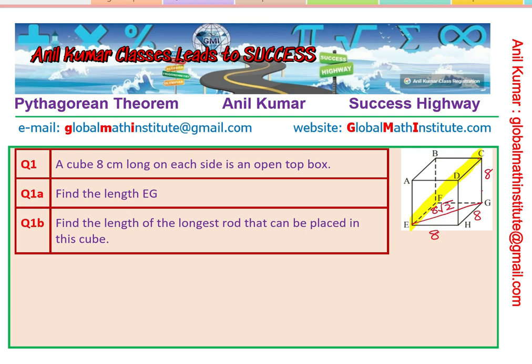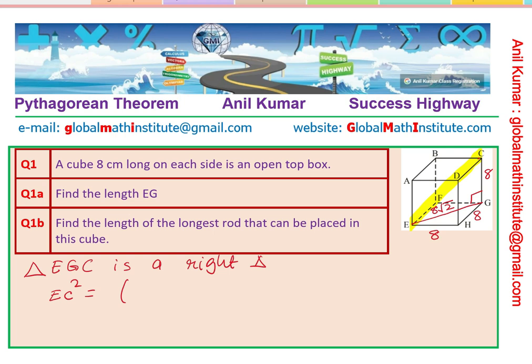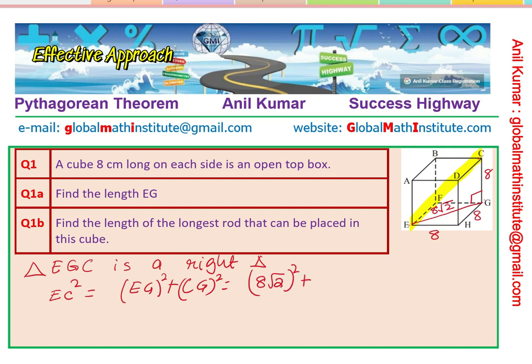And therefore, we can now use this particular triangle. We know that the triangle EGC is a right triangle, correct? And therefore, e to c square should be equal to the square of e to g plus the square of c to g. And that gives you 8 square root 2 square plus 8 square.